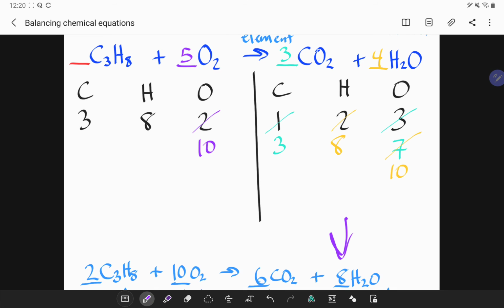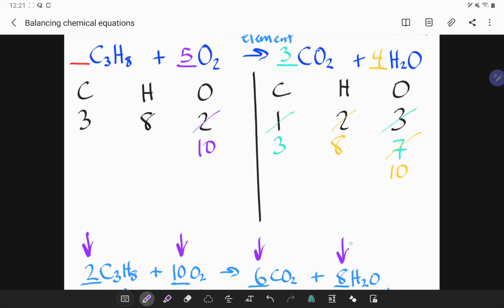It is balanced. But when we're looking for a balanced chemical equation, we're looking for something that's not only balanced, but also simplified. So notice how all of these numbers can be divided by 2. Since they can all be divided by 2, we're going to divide them all by 2 and simplify our answer to the simplest possible answer.